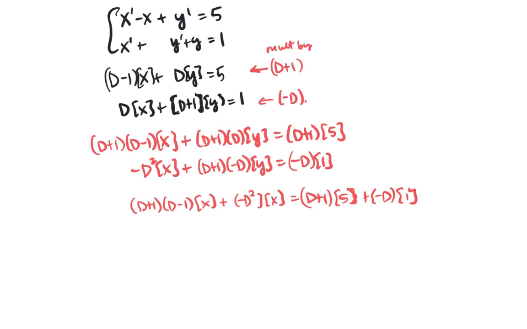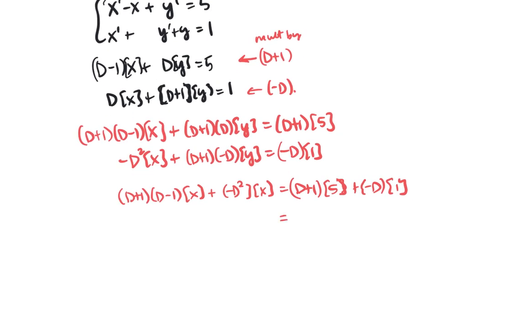Okay, so let's untangle this right-hand side. The derivative of 5 is 0. The 1 times 5 is 5. The derivative of 1 is 0. So that's all that side. On this side, it'll be d squared minus d plus d and then minus 1.